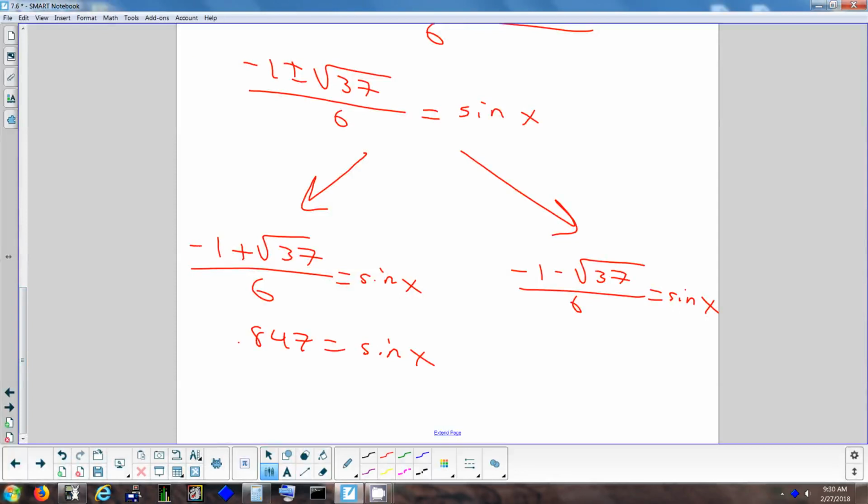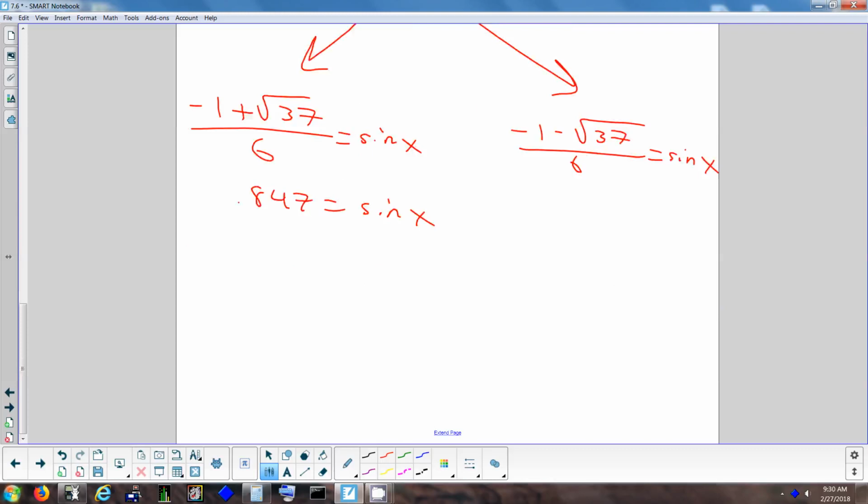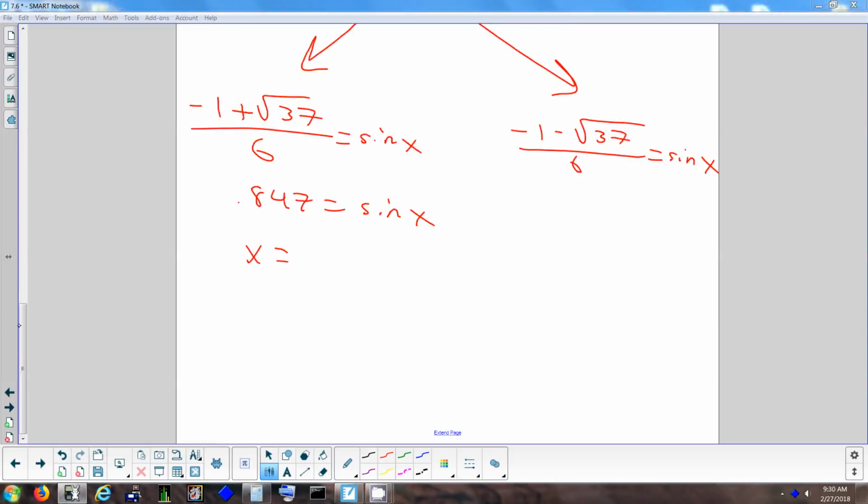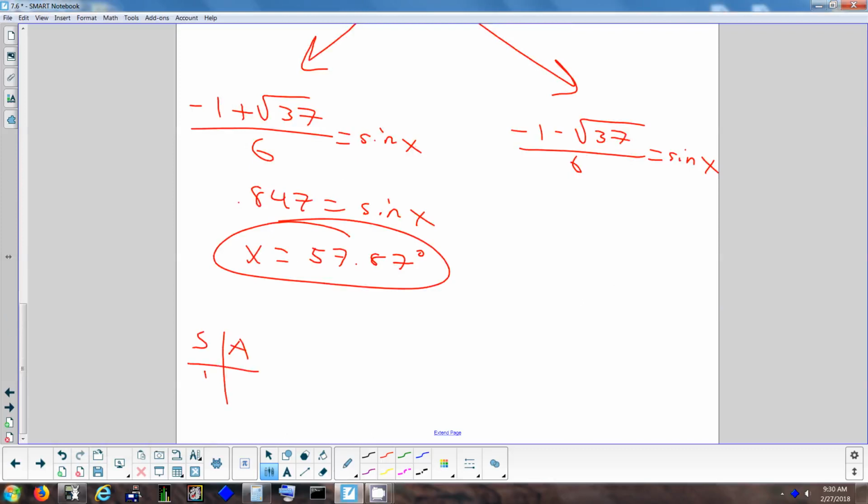Now, what do I have to do on both sides to get the x by itself? Yeah, take the inverse sine. So x equals inverse sine of 0.847. So I get an answer of 57.87 degrees. But remember, sine is also positive in what other quadrant?